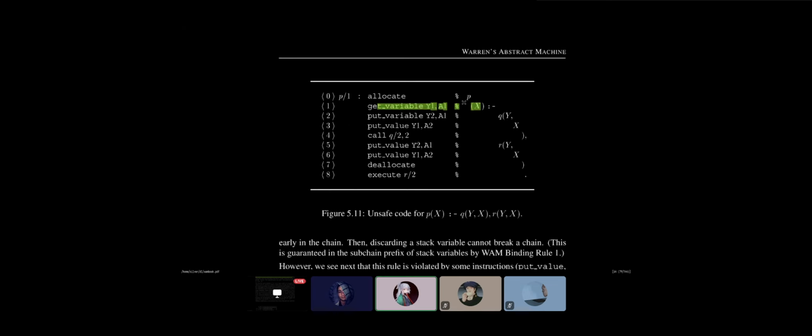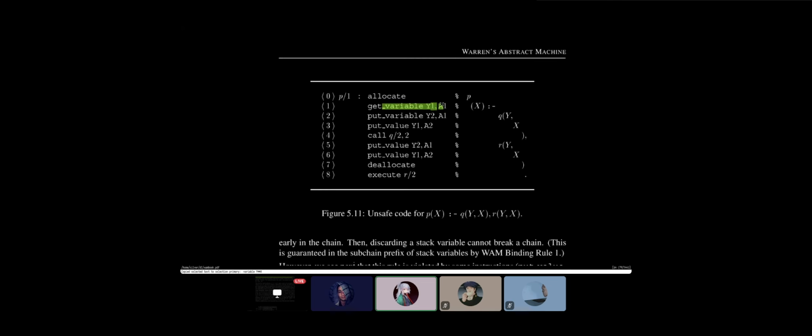They are both used to initialize new variables that are appearing for the first time, but get variable is for temporary and put variable is for permanent. No, that's not it at all. Get variable is used when you are initializing the arguments, because the arguments are given from a previous environment from before the call, so they are already initialized.